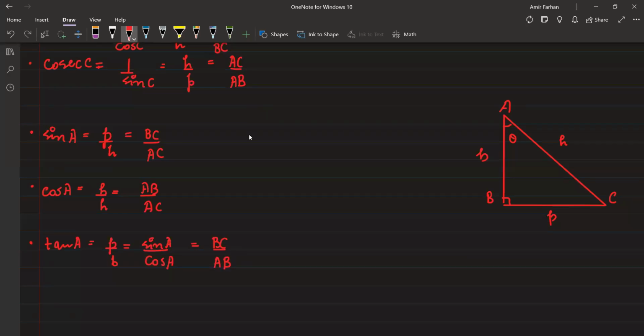Okay. And now just take the inverse of them. Cosec A is equal to AC upon BC. Clear? Next is sec of A, which will be equal to AC upon AB. And cot of A is equal to AB upon BC.